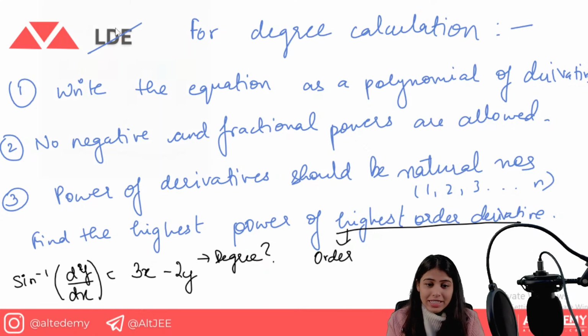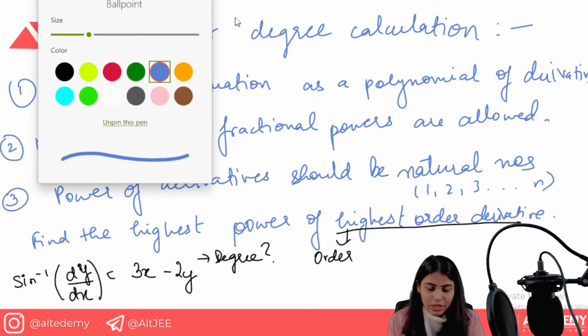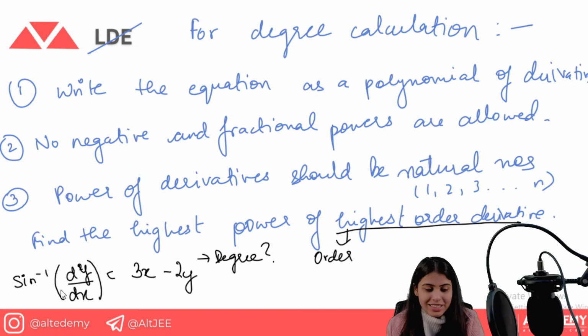So now, without wasting any time, I'll tell you how you calculate this degree. See, you have sine inverse of dy by dx here, which is not in the form of a polynomial. So what you can do is take sine on both sides. So taking sine of both sides, you get dy by dx is equal to sine of 3x minus 2y.